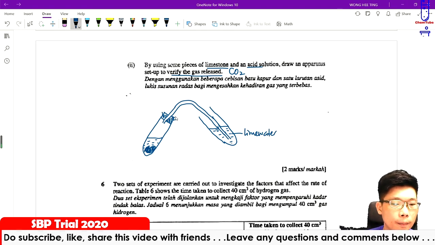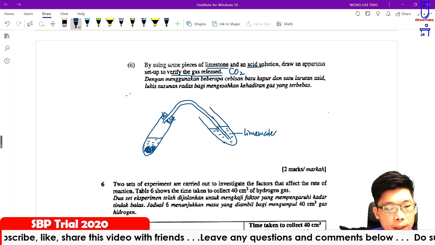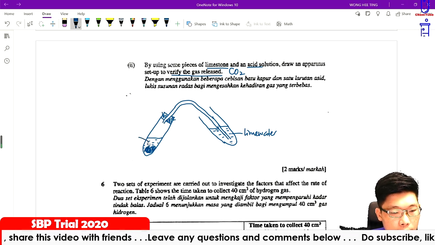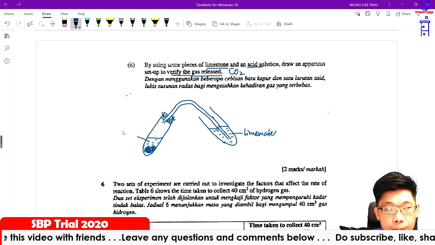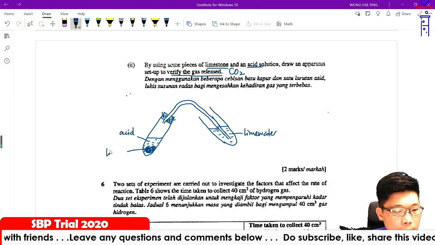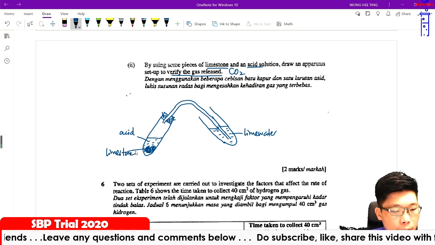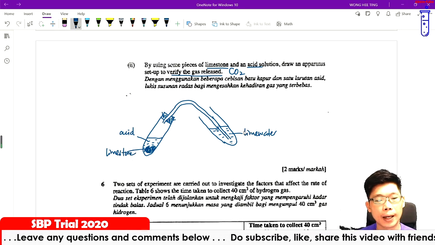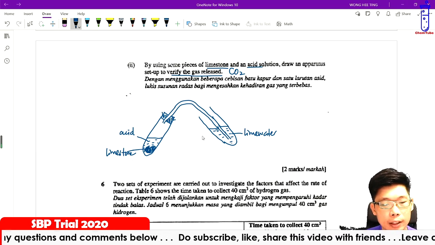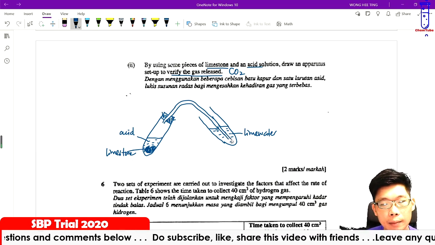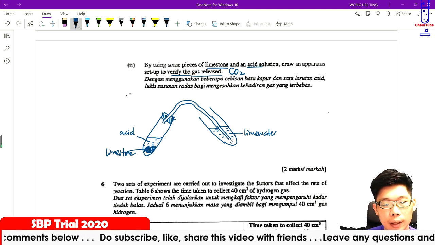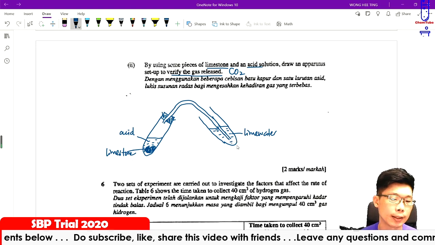Okay, and then the stopper cannot fully immerse into the test tube here, so this is acid now. Yeah, so this is limestone. Okay, so by doing this experiment or activity, the lime water will turn cloudy, then it will confirm that the gas released is carbon dioxide gas.